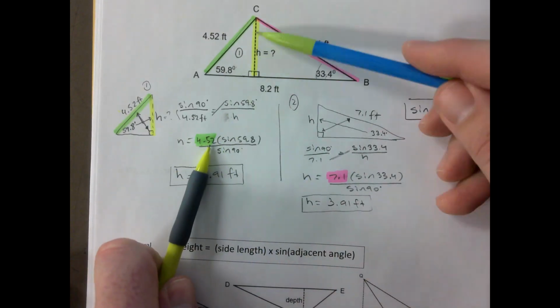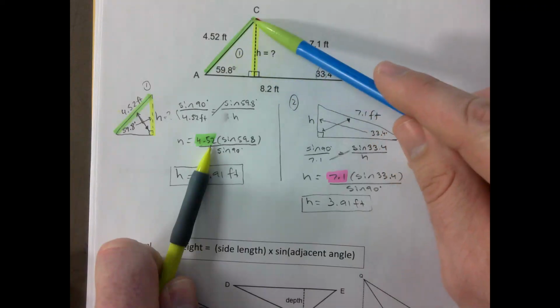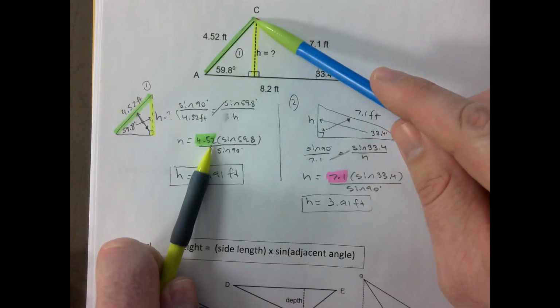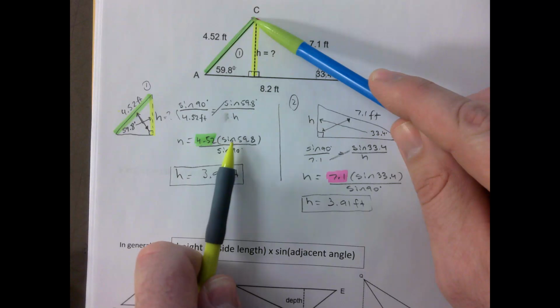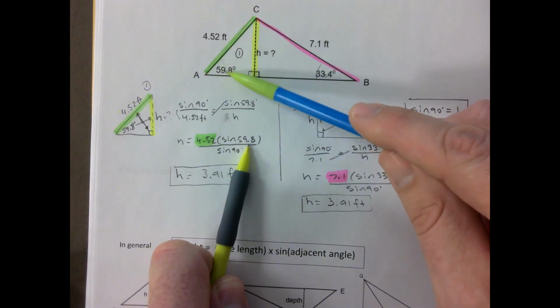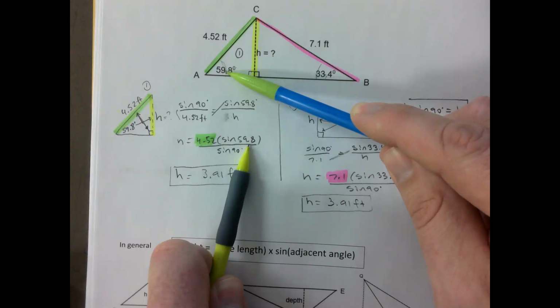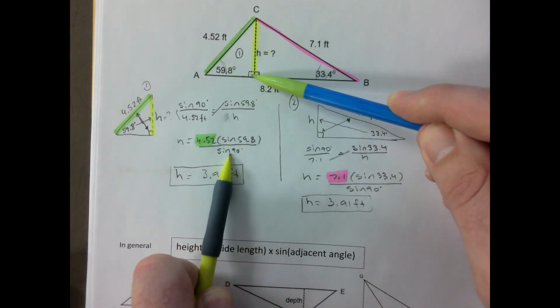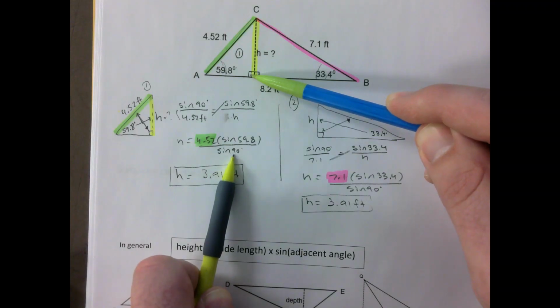To find the height here, we grab the slant side right here, and what did we multiply it by? Sine of the angle that's touching it. That gave us the height. And you're like, what about sine of 90, Mr. Dirksen? Well, that's 1, so why would you bother doing that, right? It just wouldn't change anything.